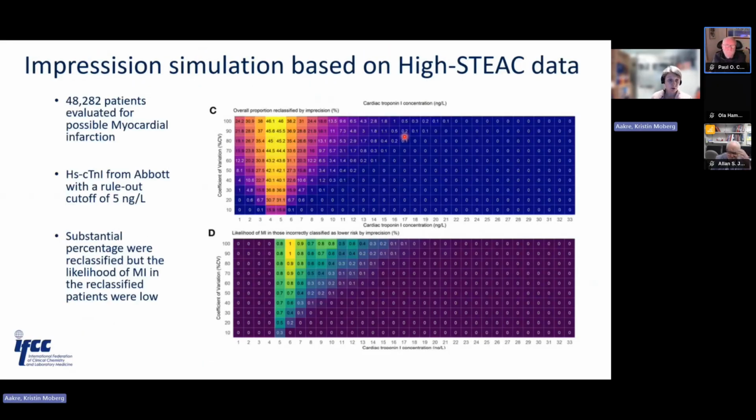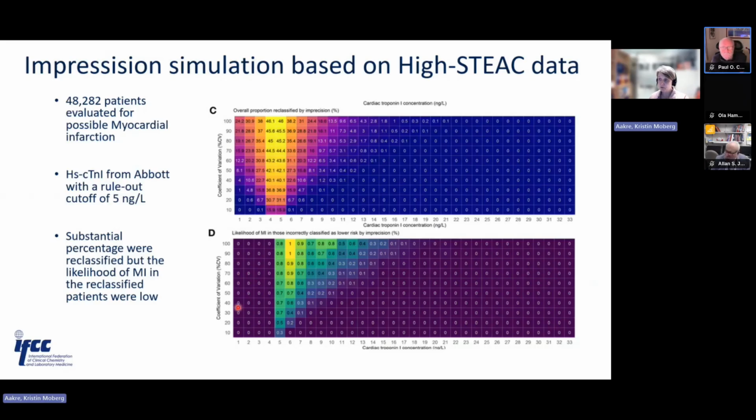When we know approximately how large the error is, we can use that to simulate how it will affect patient data. This is from the High-STEACS study, 48,000 patients. They have simulated for troponin I Abbott, and this is the overall proportion of reclassification by imprecision. So here is the CV and here is the reclassification. So you can see if the CV is large, well, the risk of reclassification is also quite large.